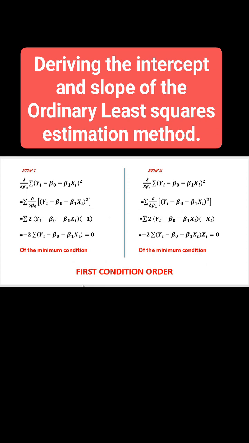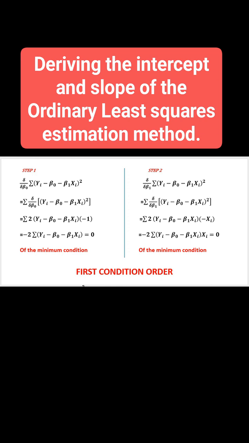In step 1 you would have the derivative with respect to beta 0 of the sigma of yi minus beta 0 minus beta 1 xi all squared, right? We'd rearrange the equation just to make it proper. You would want to get rid of the square, which is 2.